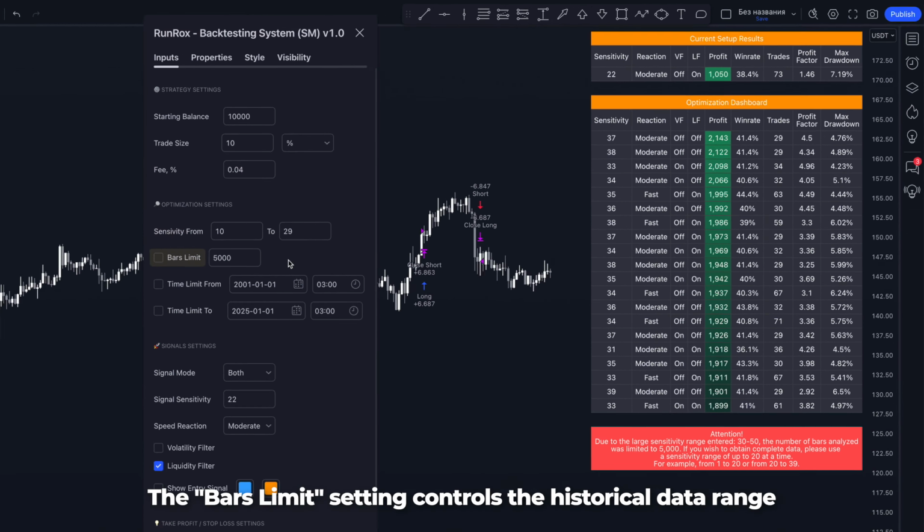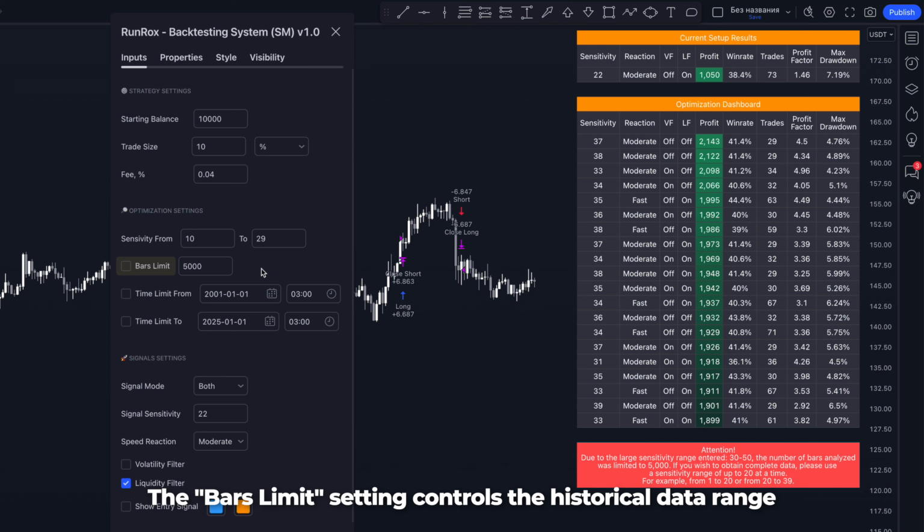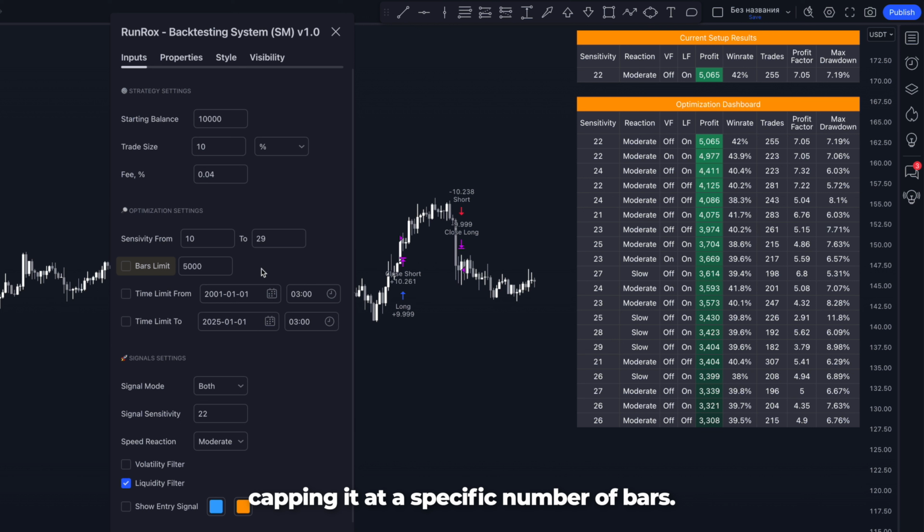The bars limit setting controls the historical data range to be used in backtesting, capping it at a specific number of bars. For example, if you check this setting and enter 1,000 in the field, the backtesting system will begin its analysis starting from the last 1,000 bars instead of the entire available history.